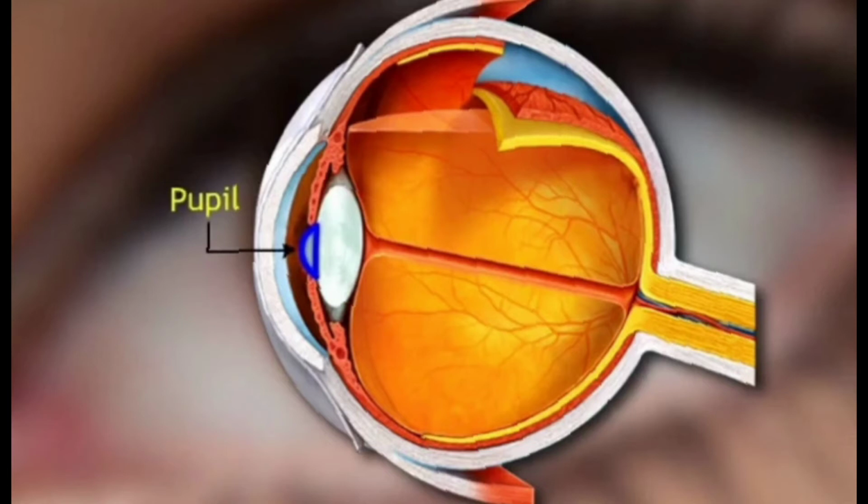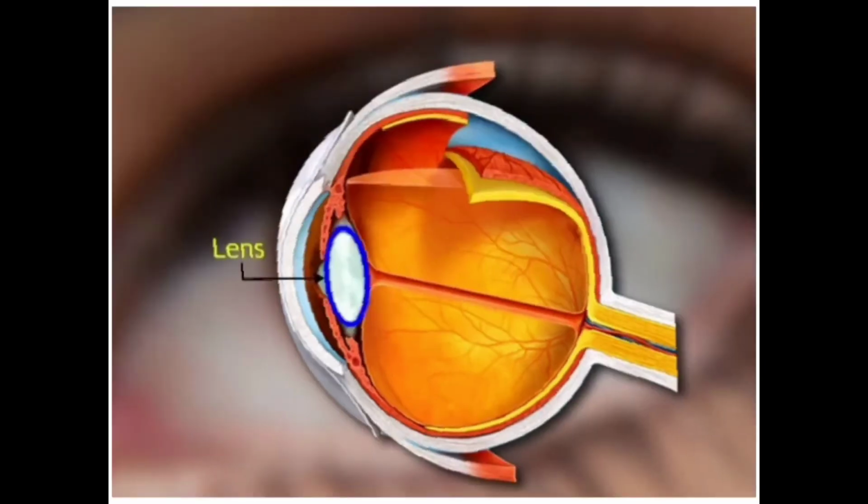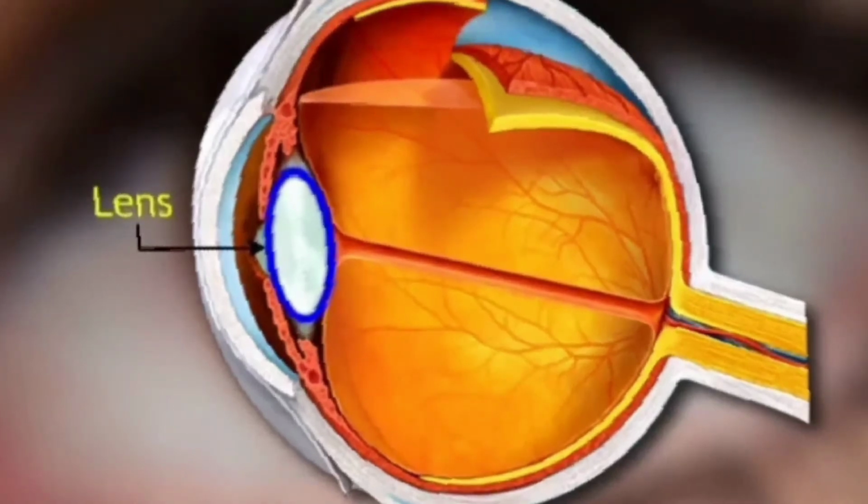This is nothing but our lens. So we have the double convex lens just behind the pupil. The lens provides small adjustment of the focal length to focus the image. The lens creates a real and inverted image of an object on the screen inside the eyes.